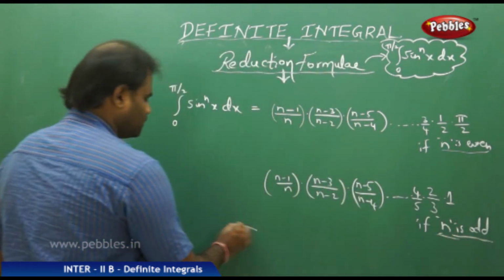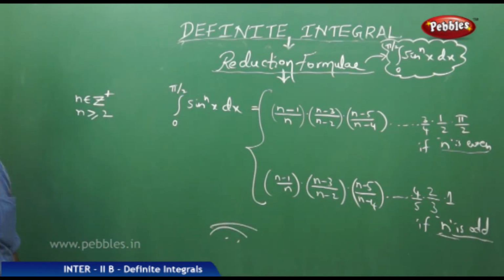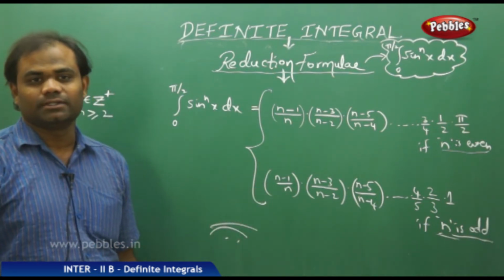That is how we identify the two cases for finding integral 0 to pi by 2 sine power nx dx.